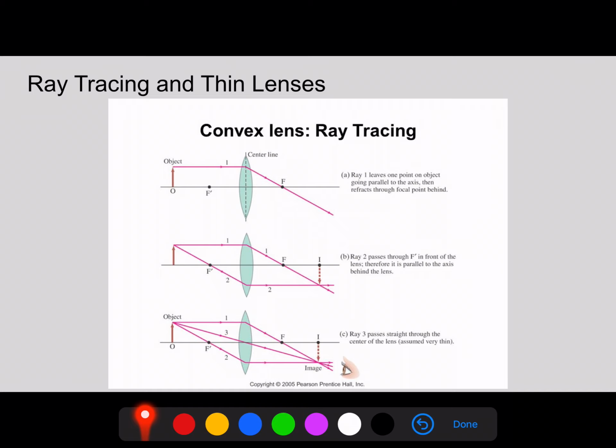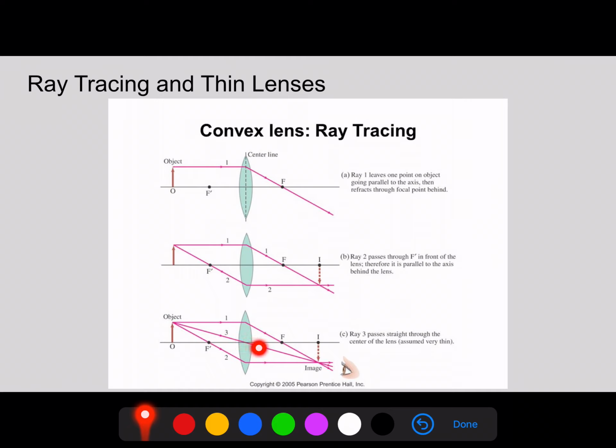The second ray we're going to draw through the focus on the left-hand side of the convex converging lens, and that will result in a ray that is parallel to the principal axis after it exits the lens.